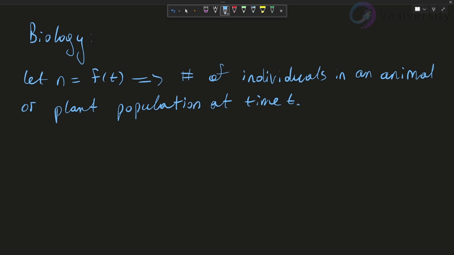So the change in the population size between times t1 and t2 would be delta N, which is equal to f of t2 minus f of t1, right?